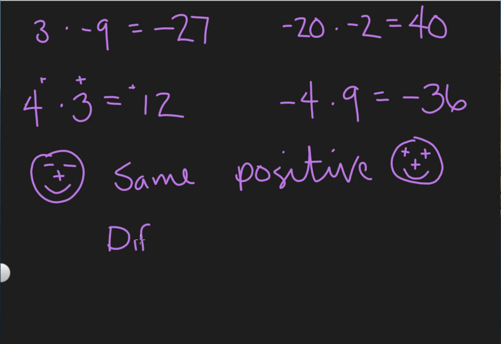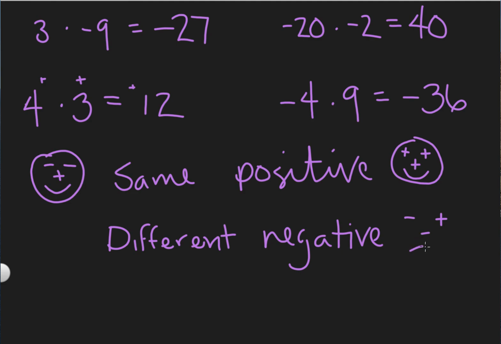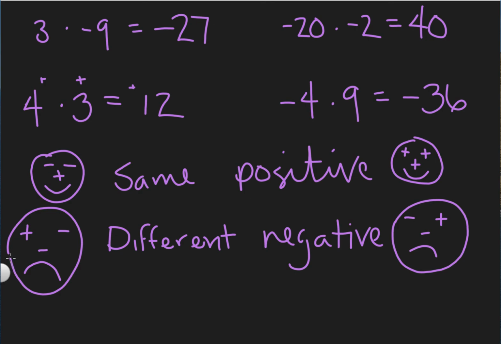If the signs are different, we get a negative. So if I've got a negative and a positive, my product will be negative. If I have a positive first and a negative second, my product will still be negative. So same positive, different negative.